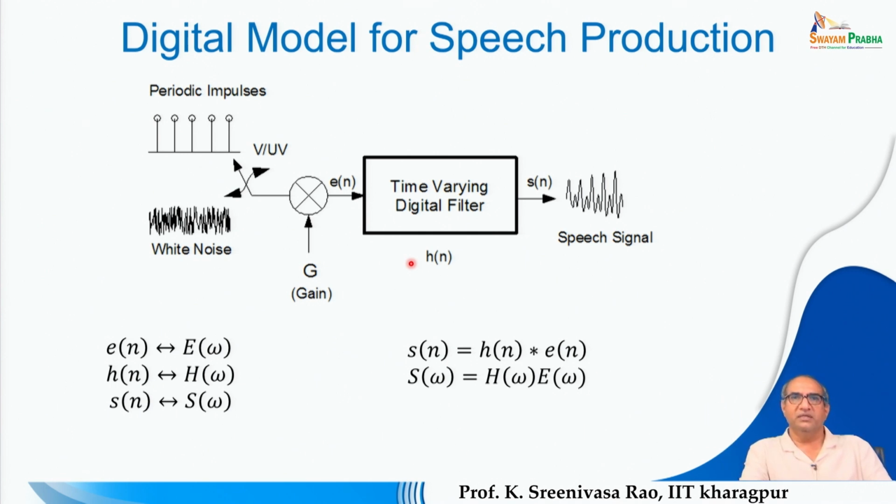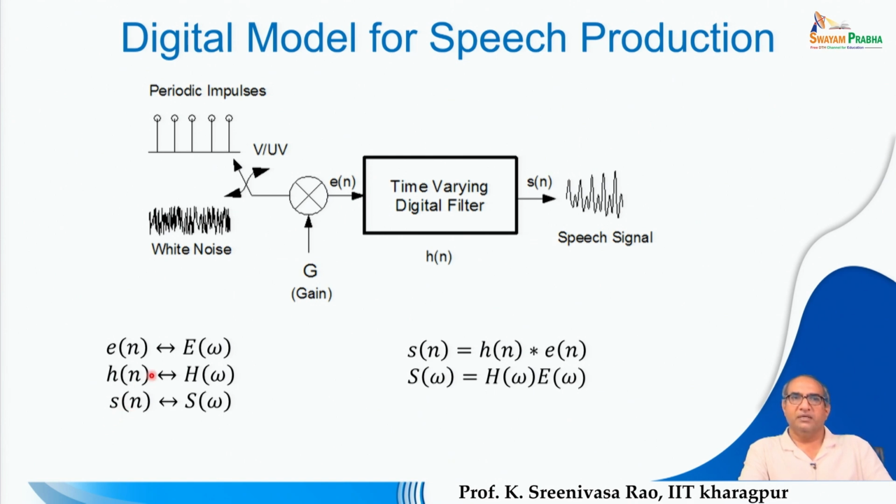So here we can view our speech production mechanism as a linear system. It's not strictly linear, it's actually a non-linear system, but it will be realized as a piecewise linear system. So here, E of n is the excitation, H of n is the response of the vocal tract system, and S of n is the outcome of the vocal tract system.